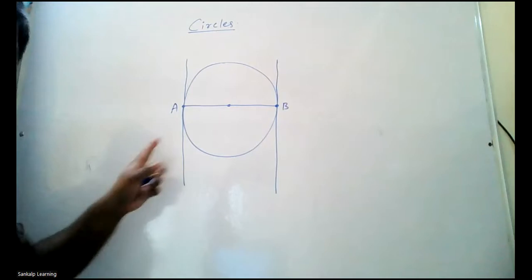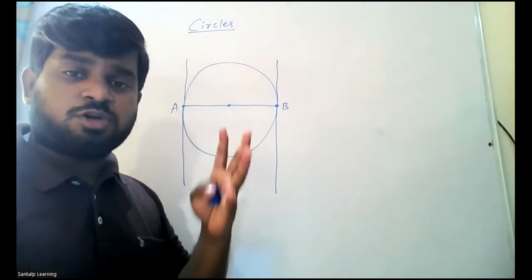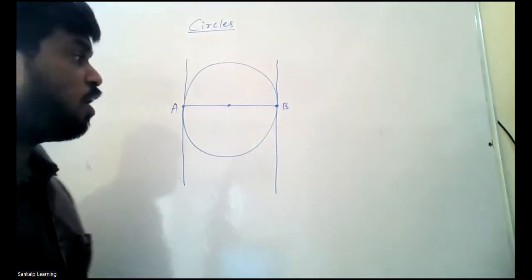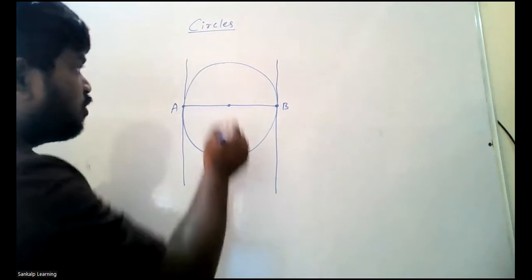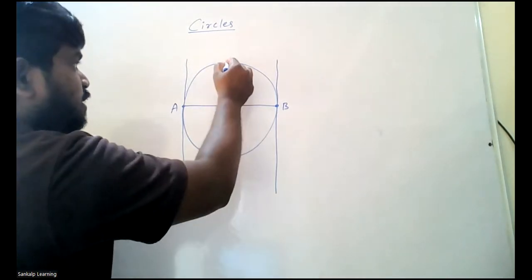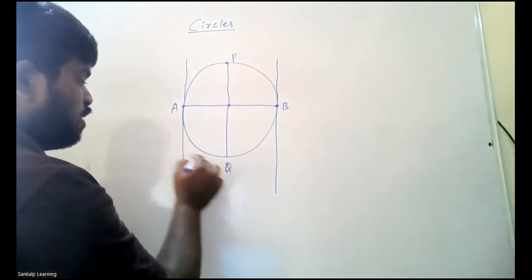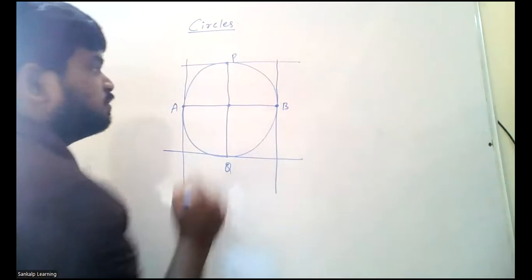Similarly, the question is, at the most, how many tangents can you draw? It depends on how many diameters I can draw, isn't it? Suppose I draw a diameter here, let's say P and Q, I can draw a tangent here and a tangent here.